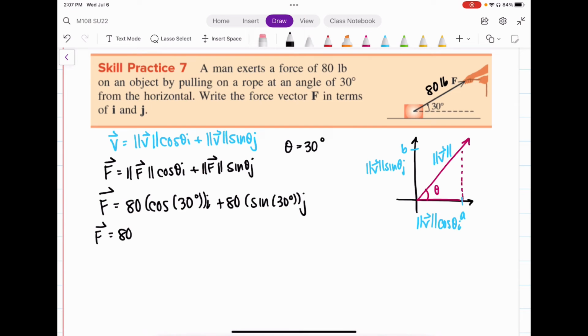The cosine of 30 degrees is root 3 over 2. The sine of 30 degrees is 1/2. I grab those values from the unit circle. The force vector is then equal to 80 divided by 2 is 40, so I have 40 root 3 i plus 80 divided by 2 is 40j.